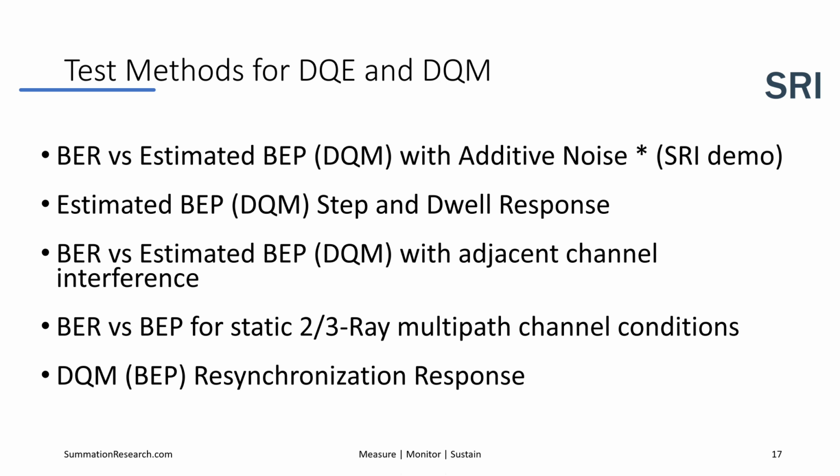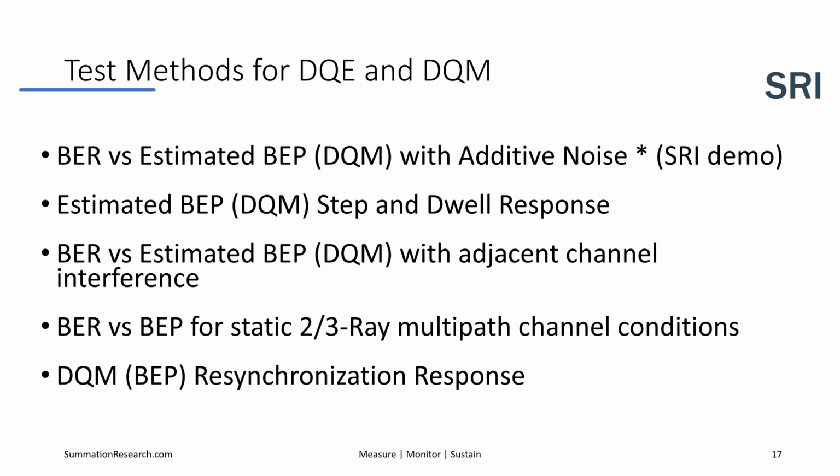The last test method is 11.6, DQM, bit error probability, resynchronization response. This test assesses the DQM's ability to resynchronize and accurately estimate bit error probability after a loss in synchronization.